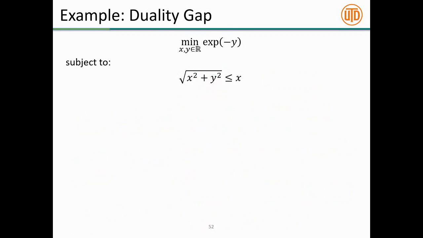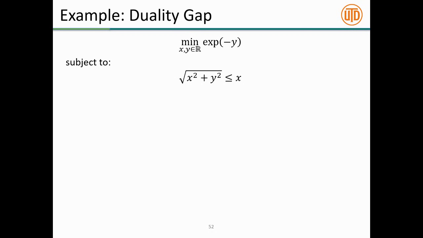So here's an example that has a duality gap. I selected this example because it's relatively easy, but this is a really dumb way to formulate this optimization problem. Here we're trying to minimize e to the minus y subject to the constraint that the square root of x squared plus y squared is less than or equal to x.